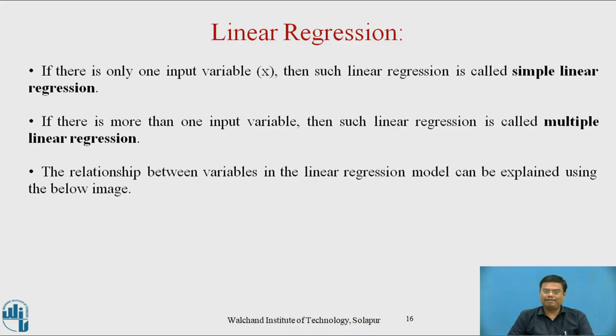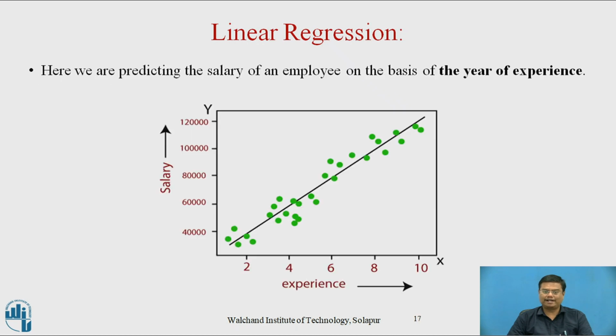One is the one input variable regression, which we say is simple linear regression, and another type is more than one input variable, which is called multiple linear regression. The relationship between the variables in the linear regression model can be explained using the below diagram. So we are going to see the diagram that we are plotting for linear regression.